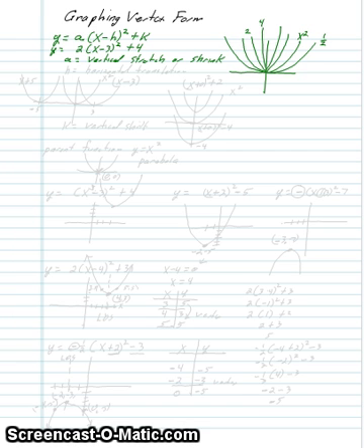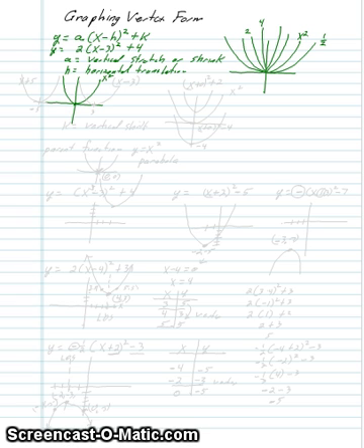Now, the h is a horizontal translation. So the h looks like this. Here's our parent function. The parent function is x squared. Now, the h moves the vertex, which is right here, left or right.